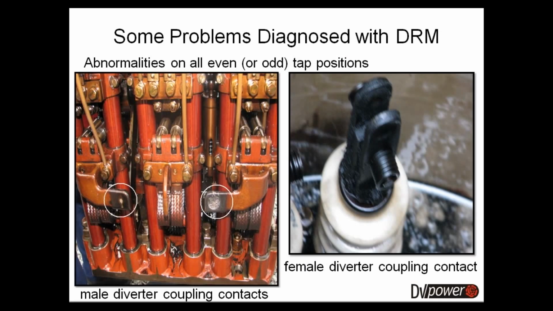So when you actually look at the diverter compartments, you can see male and female diverter coupling contacts, and if one of them is damaged or burned, you can see that as caused by the increased contact resistance.